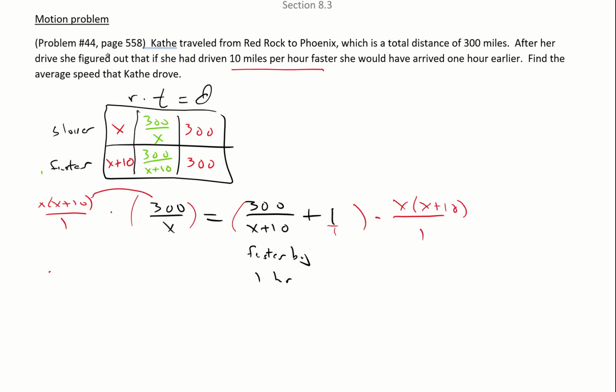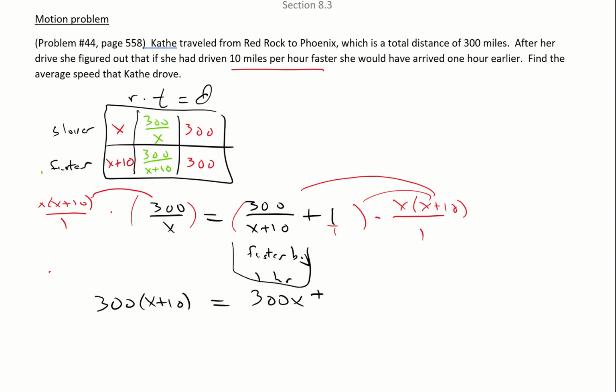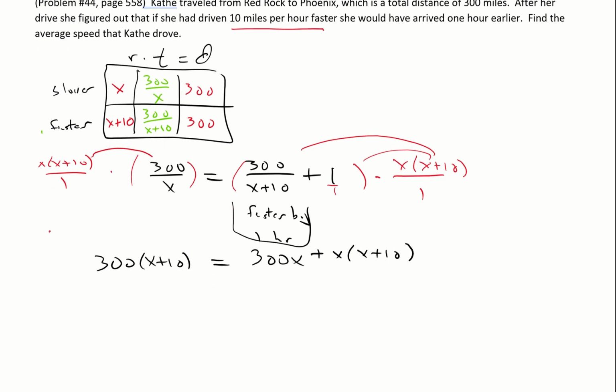So we distribute, and on this side we end up with 300. The x's cancel, and you have x plus 10. On the other side, the x plus 10 cancels, and you have 300 times just x. And then finally the 1 meets these guys, and it's just x times x plus 10. And lo and behold, it turns into a quadratic on us.